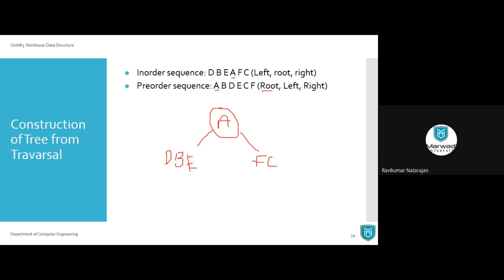Then again, now I have D, B, E here. Now again, I need to make one thing as root and then the children. So again, how can I do that? So now what should I do here?